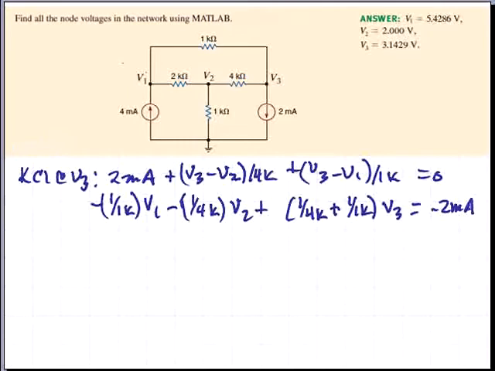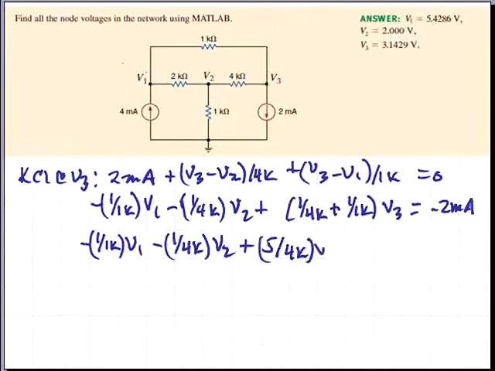And again, simplifying that a bit more, we have minus 1 over 1K V1 minus 1 over 4K V2 plus 5 over 4K V3 is equal to minus 2 milliamps. So that's our third node voltage equation.